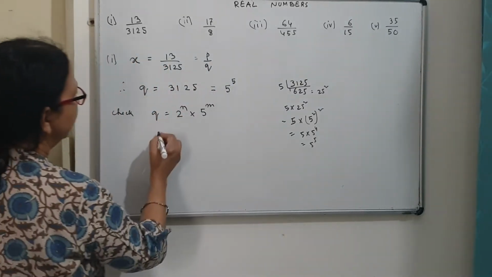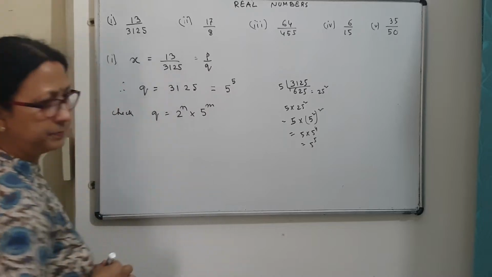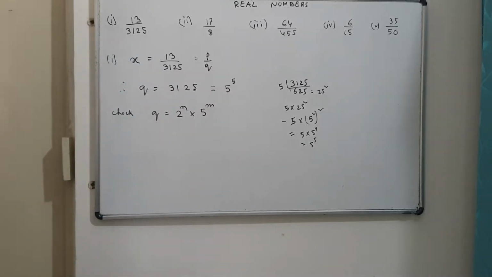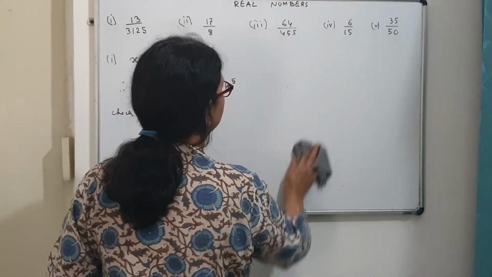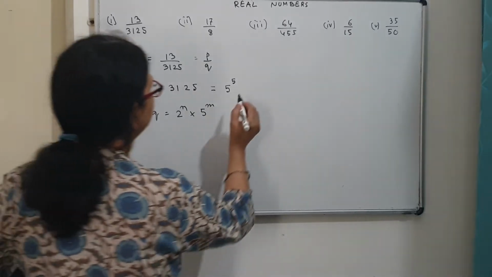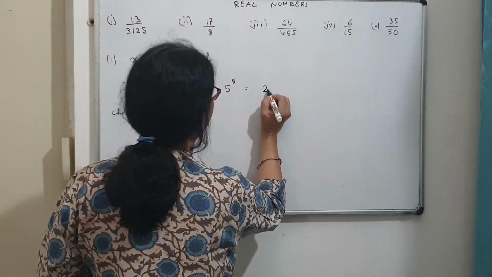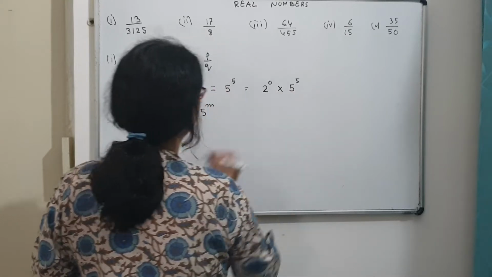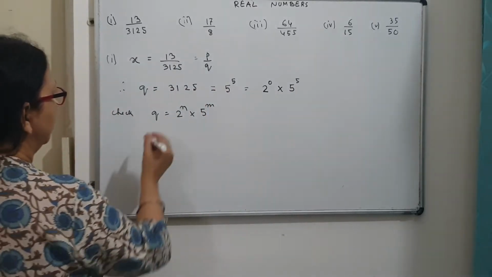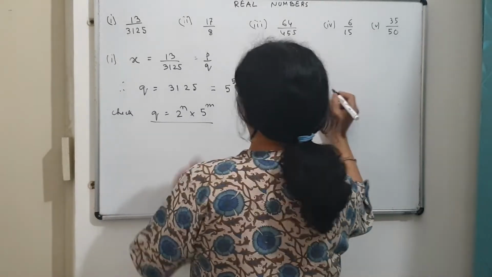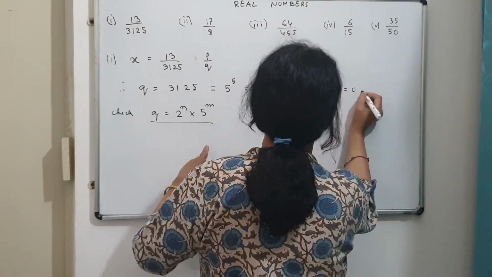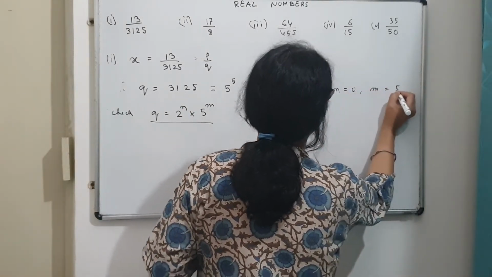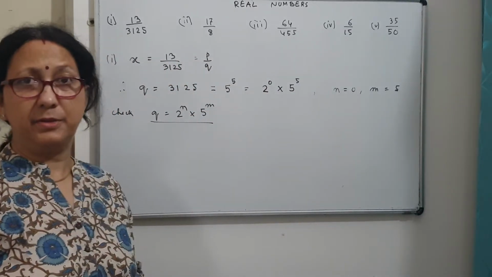So you see here, I can write 5 to the power 5 as 2 to the power 0, which is 1, into 5 to the power 5. So obviously this is of this form where n is equal to 0 and m is equal to 5. So 0 and 5 both are non-negative integers.